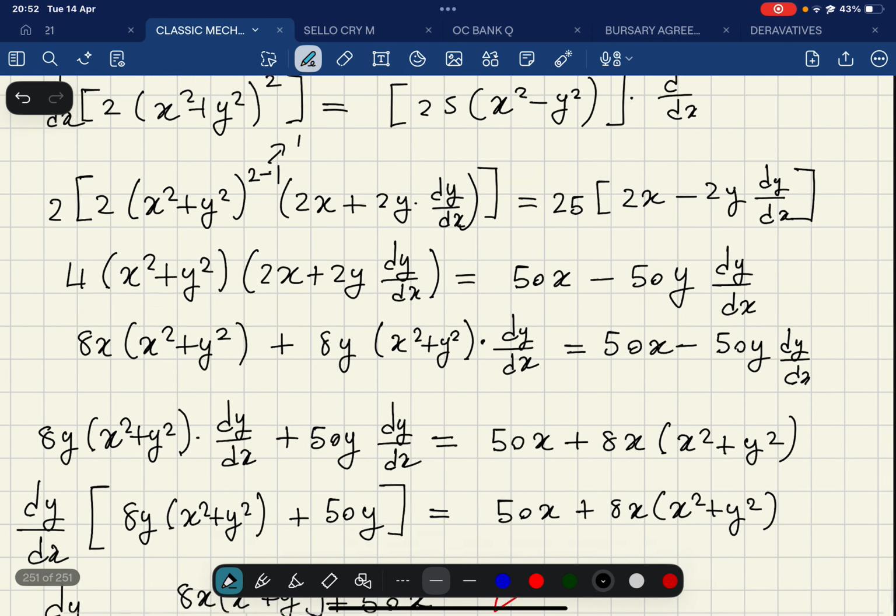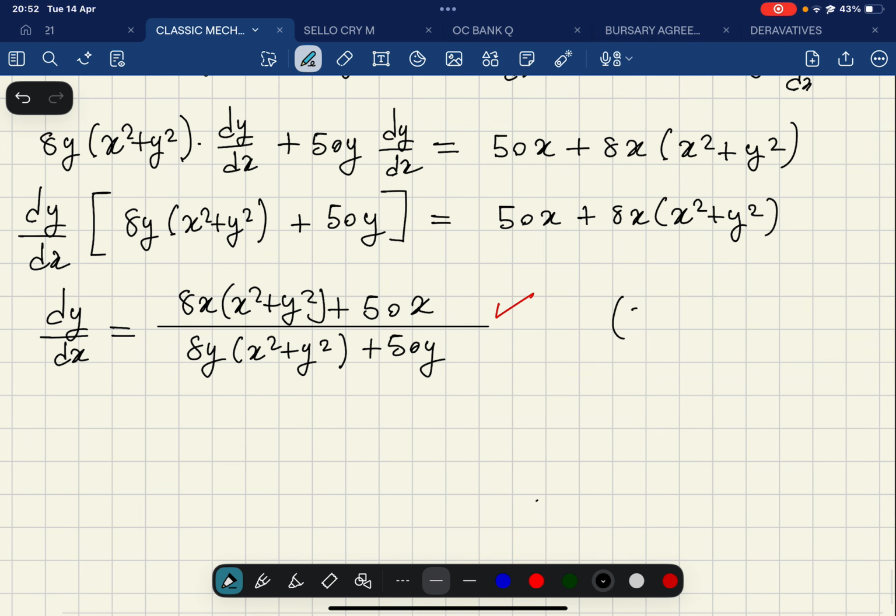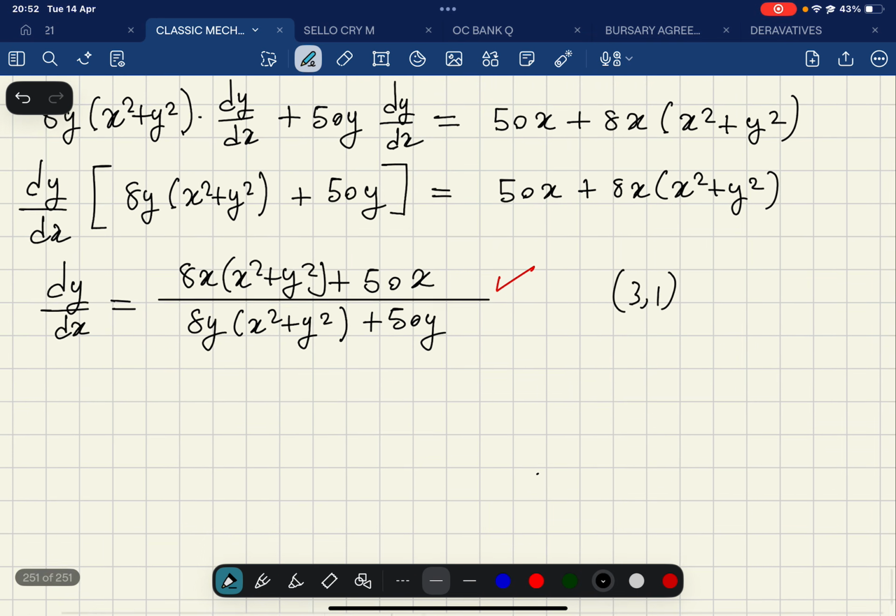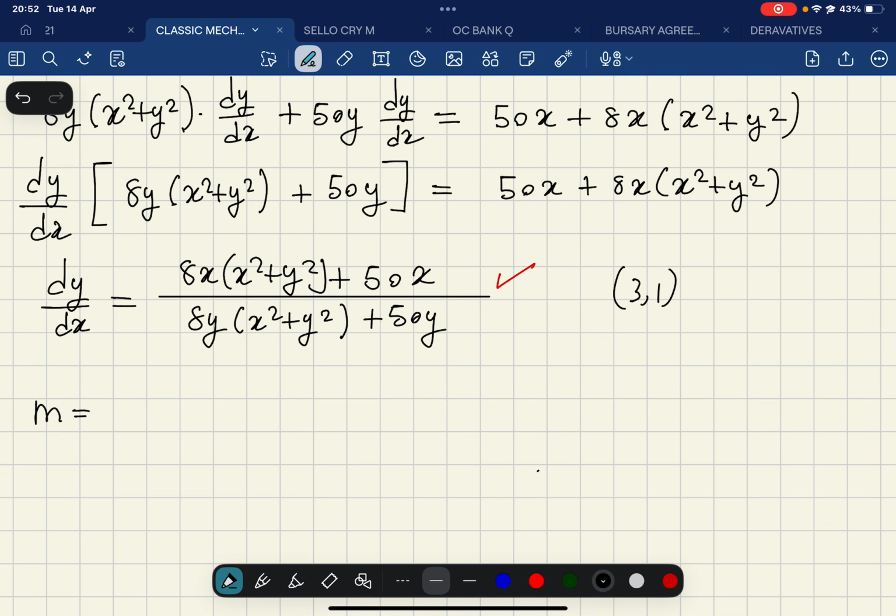But we still have a point because we are looking for the gradient. We have a point which is 3 and 1. So we basically know that this thing is equal to the gradient. The value of x is 3.